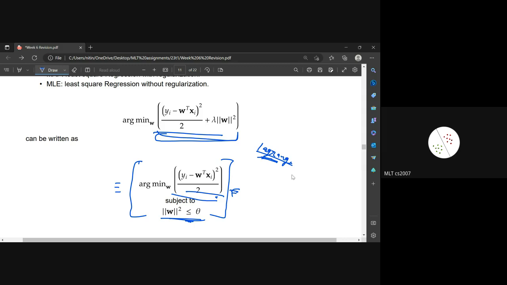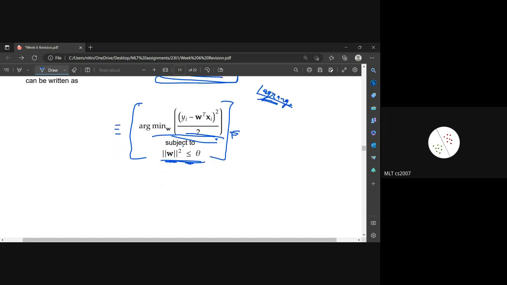So these two are equivalent formulations. One way to think is that you are minimizing the square loss, subject to your magnitude of W not getting very high. You are just writing the same thing in a different manner, so these two are equivalent.